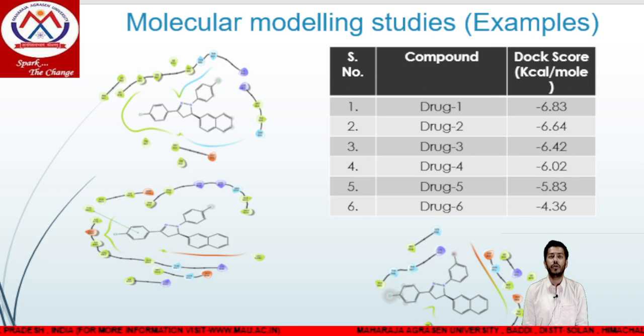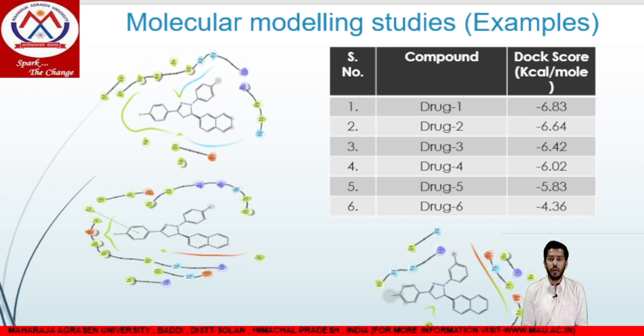Then under the molecular docking examples, in the last we'll study the following examples: drug 1, drug 2, drug 3, drug 4, drug 5 and drug 6. These are examples of different compounds.